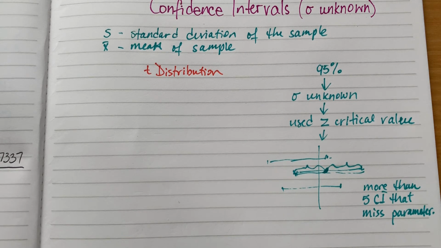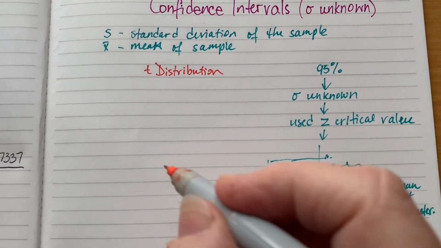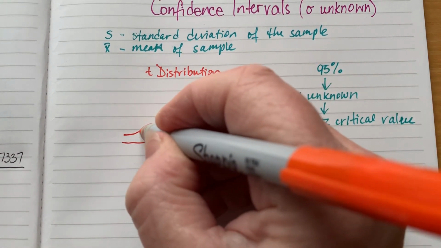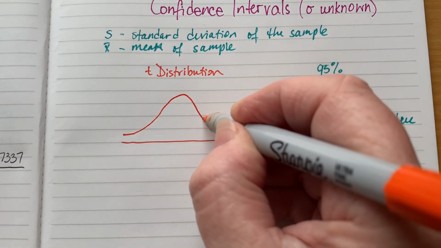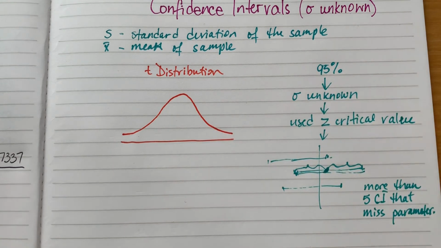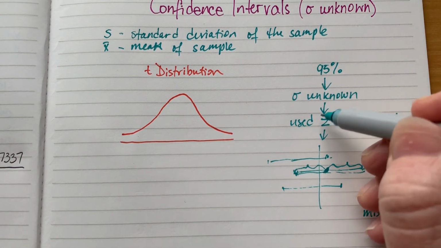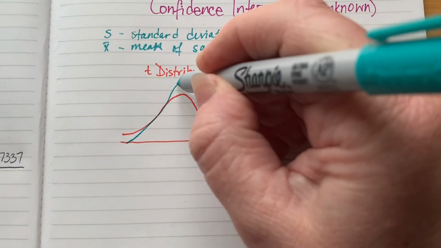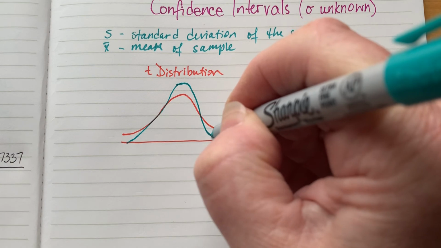And the curve approaches the x-axis but never touches it. So it is very similar to a normal distribution, and this is our t distribution. The only difference with a t distribution compared to a normal distribution is that it has fatter tails.